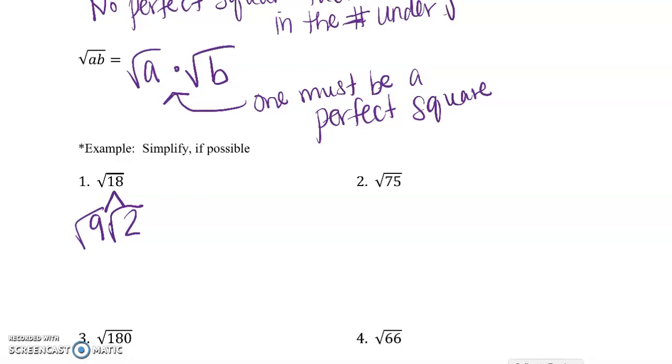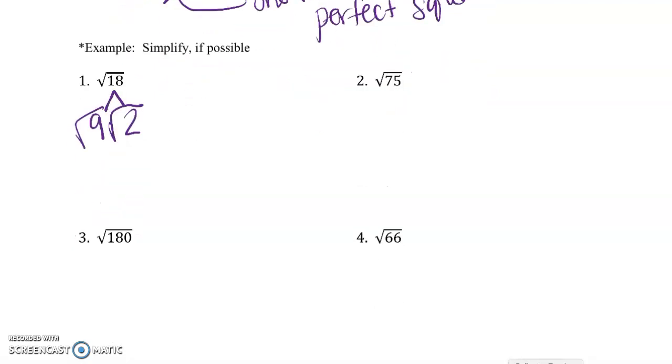It's not just 18, it's the square root of it. So you have to keep the square root around each of those numbers. Now, the square root of 9 is 3. So square root of 18 simplified is 3 times the square root of 2. That's how we write it, 3 square root 2. That's how your answers are going to look today.